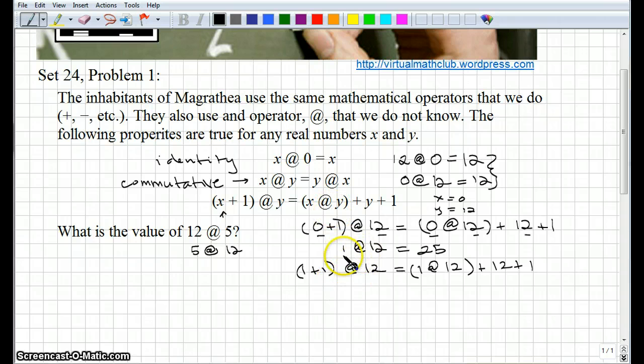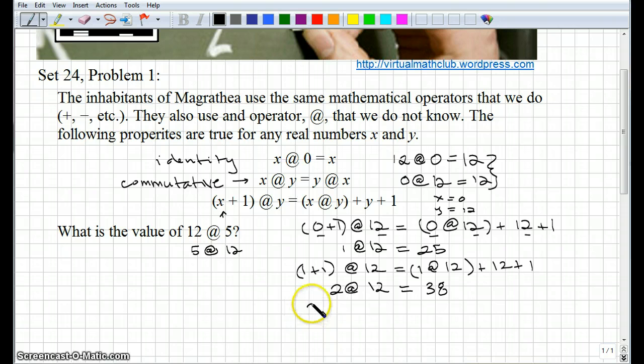But this time I used 1 as x and 12 as y. Alright, so now we have 2 at 12 is equal to 1 at 12, which is 25, plus another 12, which is 37, 38. So it looks like 38. 2 at 12 is 38. Is that right? Alright. So now let's do it again.